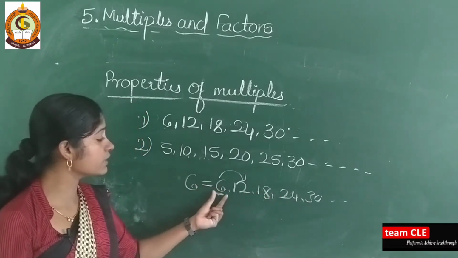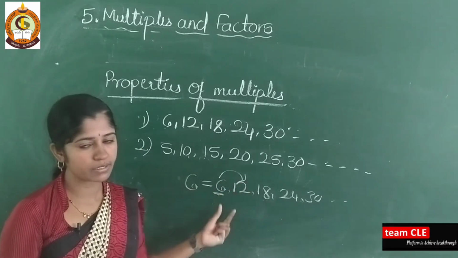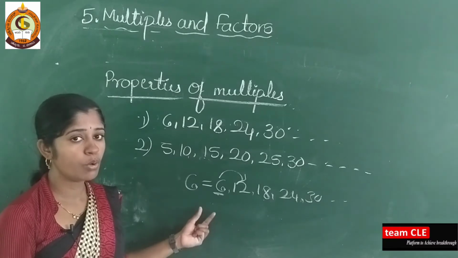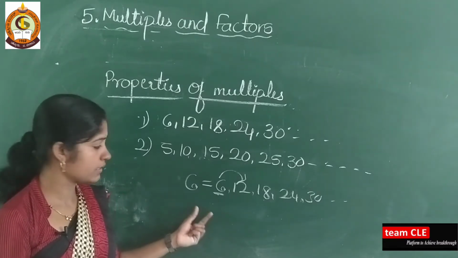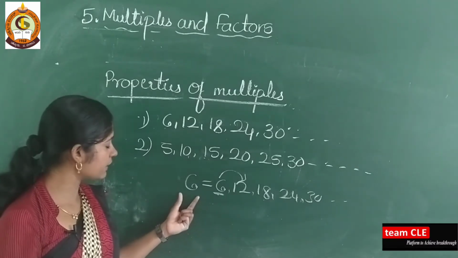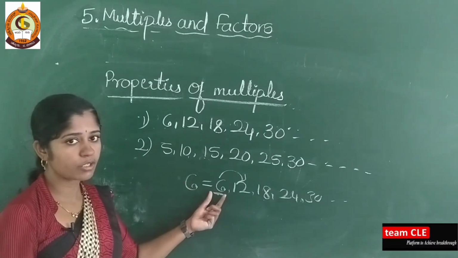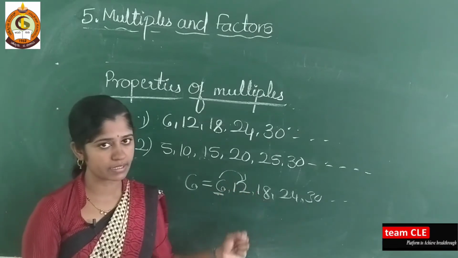They are always equal to or greater than the given number. I hope you are getting my point. This is property number 1 of the multiples.